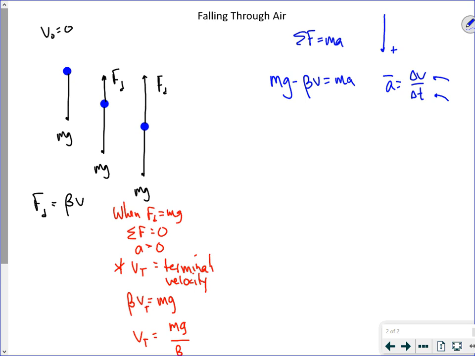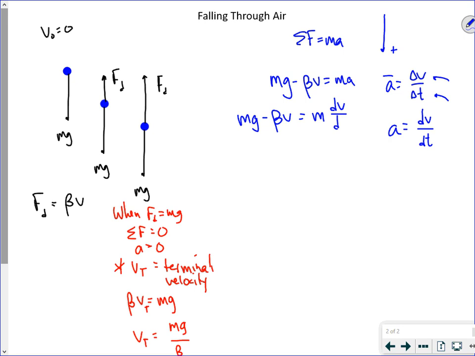But again, remember, we want to find an instantaneous velocity, which means we need to talk about not average acceleration, but instantaneous acceleration. And that's defined to be the derivative of velocity with respect to time, the instantaneous rate of change of velocity.